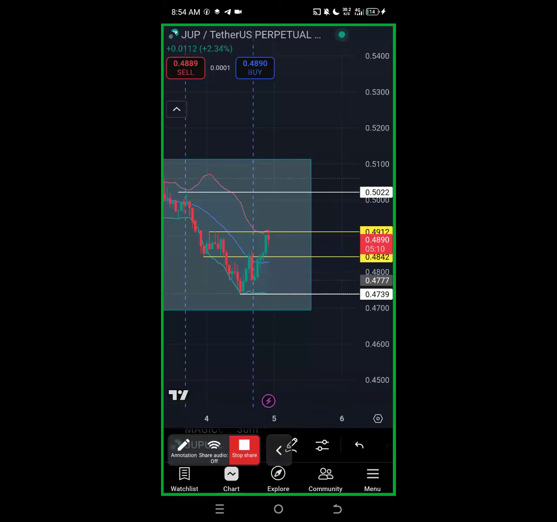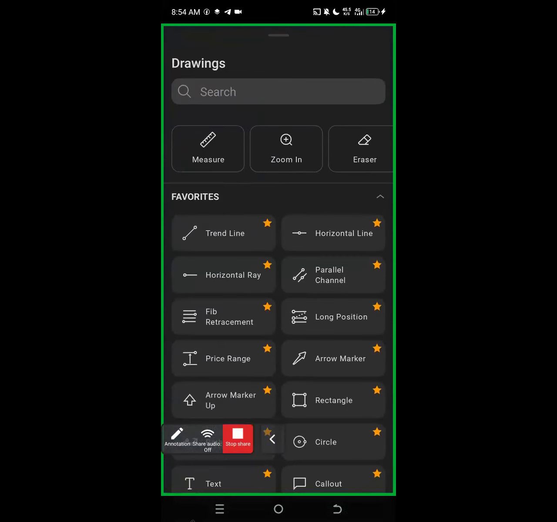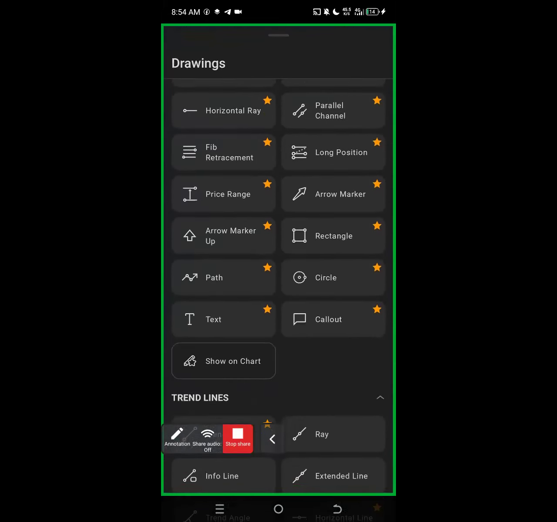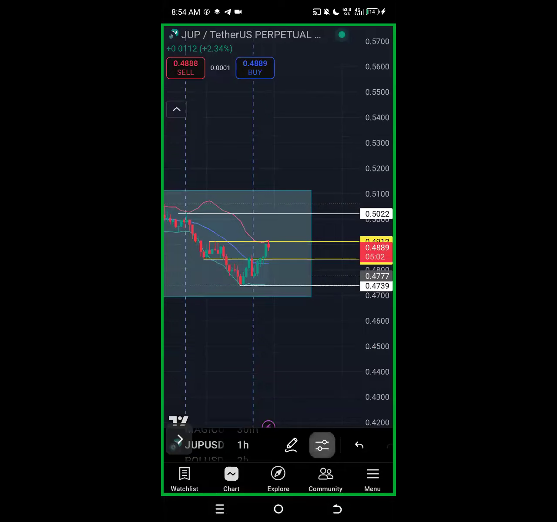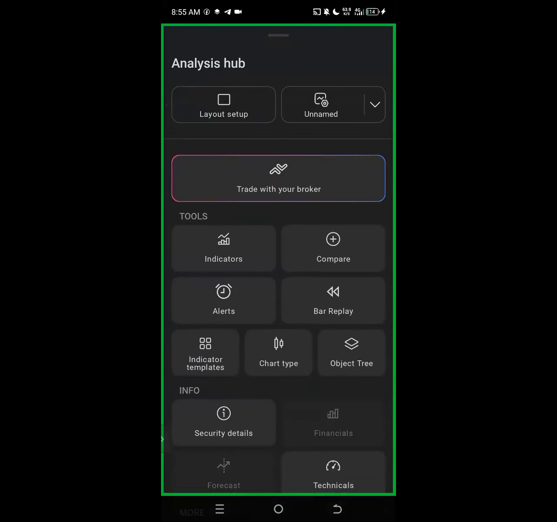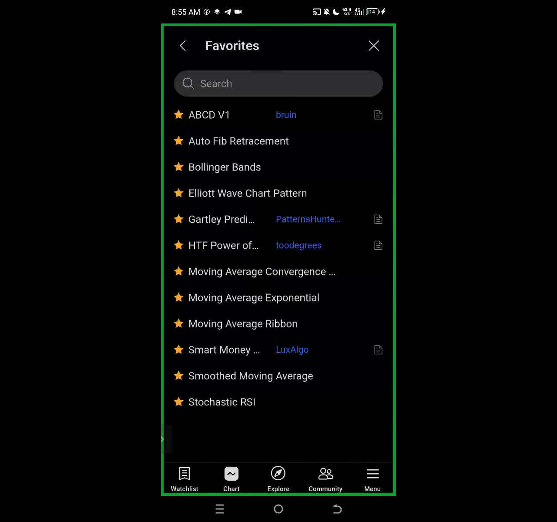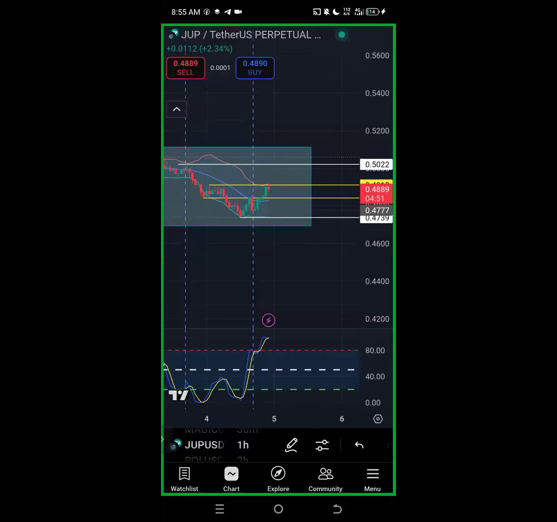And I would rather add the Stochastic RSI, okay? So let me add it there, and we see. Want to see what is going to happen with this coin and decide on whether to trade it or we go for another. So on adding it there, it is 1 hour time frame.